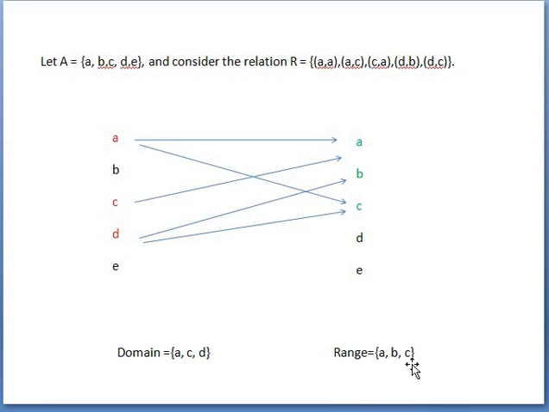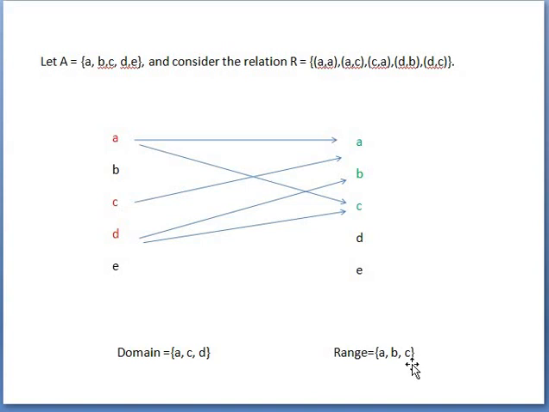These two concepts, domain and range, are very important in relations. So the set of the first elements of the ordered pairs is known as the domain, and the elements in the second positions of the relation are known as the range. You have to be clear about these two concepts, domain and range.